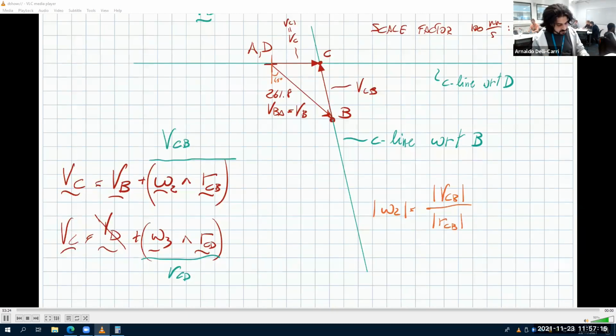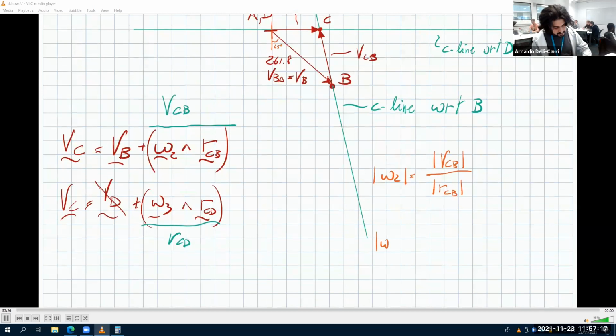And the magnitude of omega-3 is equal to the magnitude of VCD divided by the magnitude of RCD.